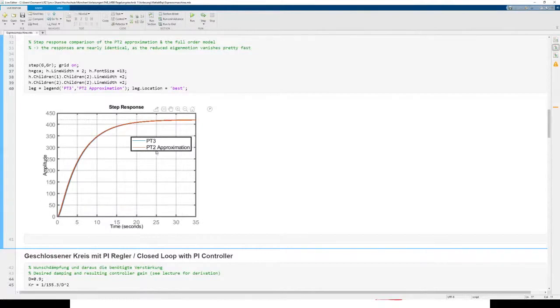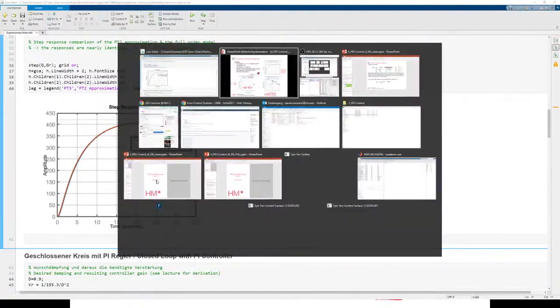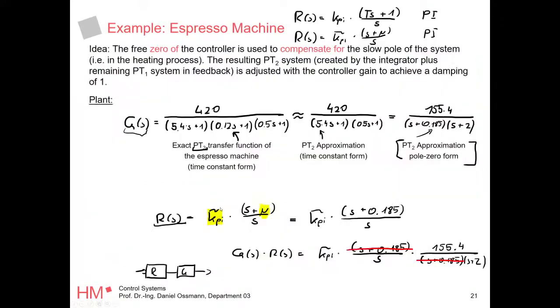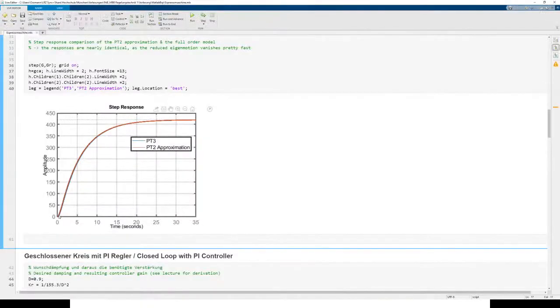This actually is our PT2 approximation of the system, right? The orange one, remember? I'm going to go back quickly. Here it is. We said, okay, this is our PT3 system, but this PT3 is roughly a PT2 system because this guy here is so fast. And we said, okay, I believe you, Professor Osman. And here is the comparison, right?